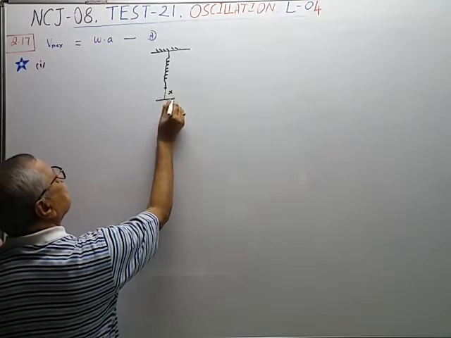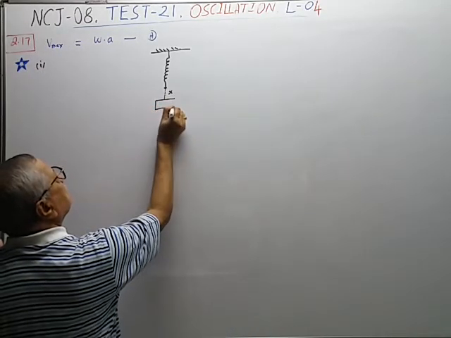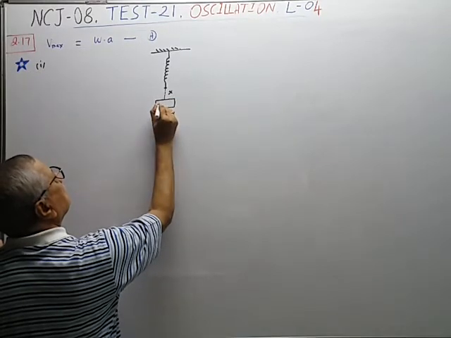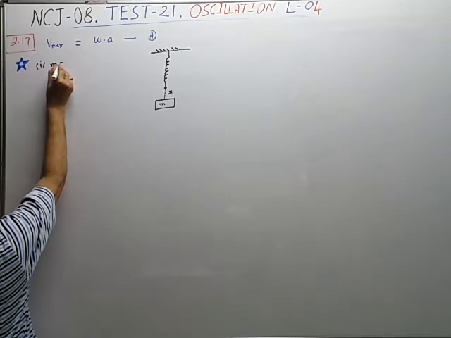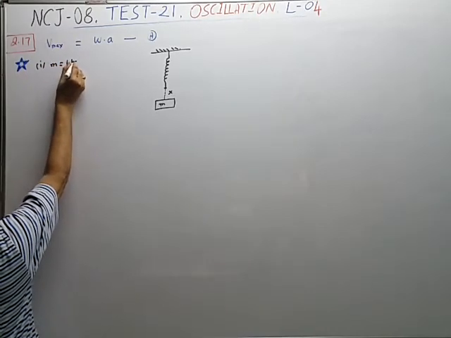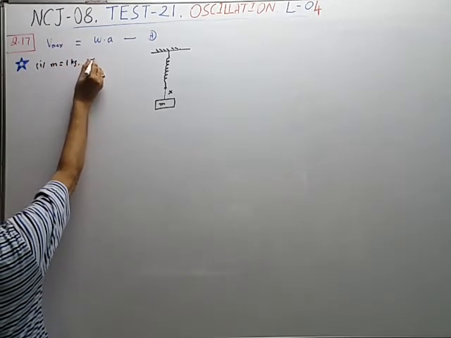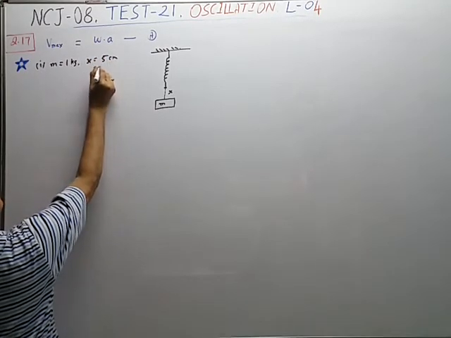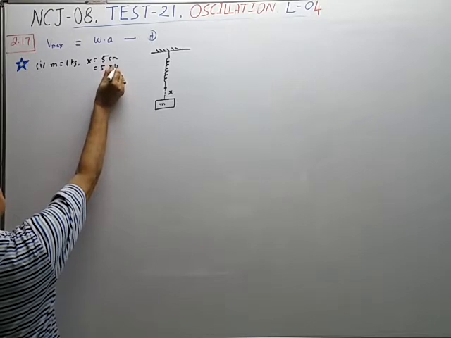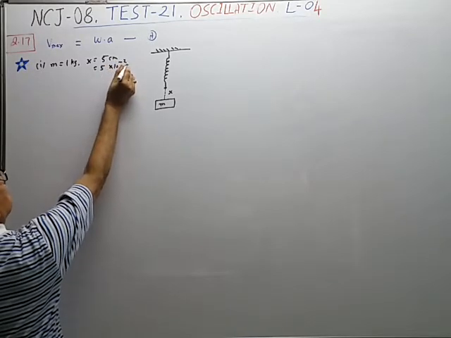So this is the block of 1 kg. So M is equal to 1 kg. Extension is equal to 5 centimeter, which is 5 into 10 raised to minus 2 meter.